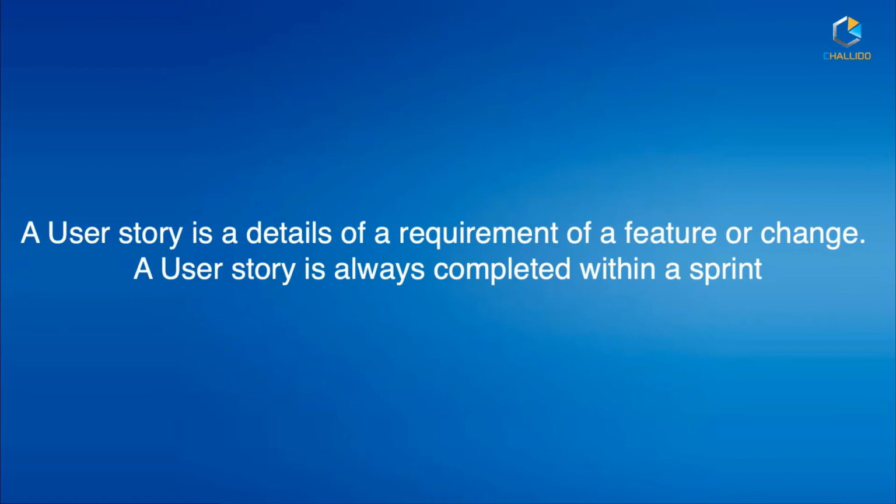So any requirement that is broken down up to an estimation where it doesn't take more than a sprint is termed to be a story. And a story will also have multiple tasks and subtasks that are used to track. And a user story is something that is, as I said, on every sprint.